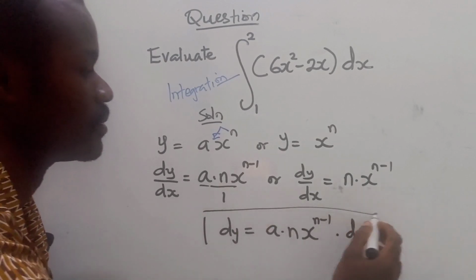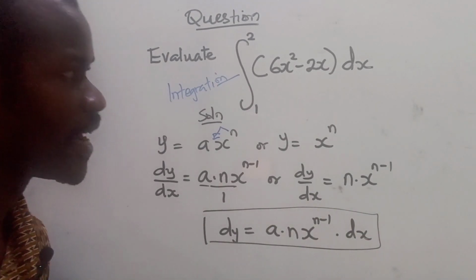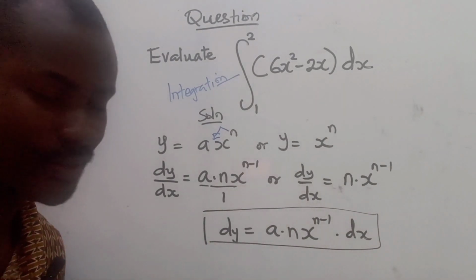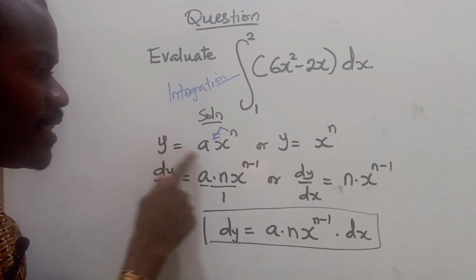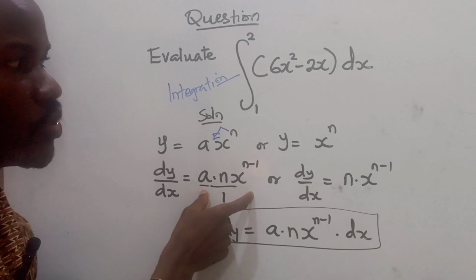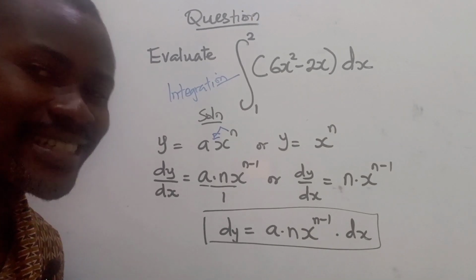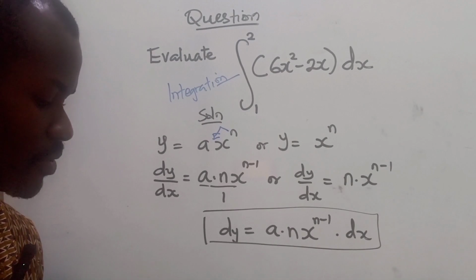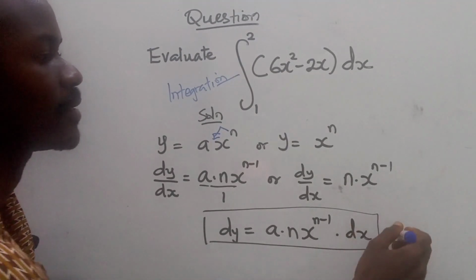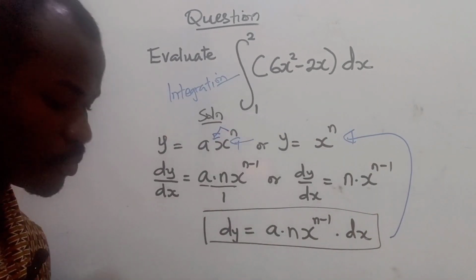So this is the relationship. Now the idea is we have differentiated this to get this. Integration is a reverse process. It's anti-differentiation. So when you integrate, you want to come back towards this or this.